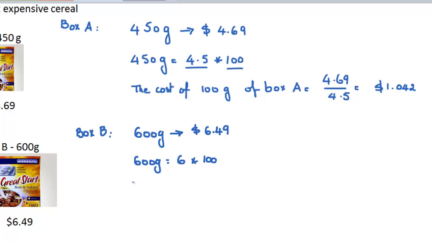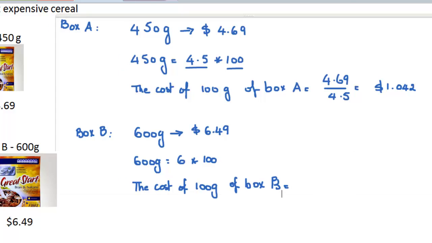In this case, the cost of 100 gram of box B equal to what?